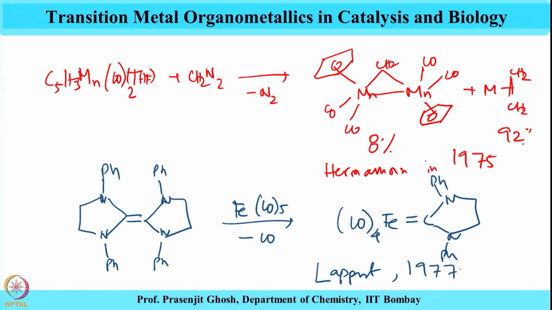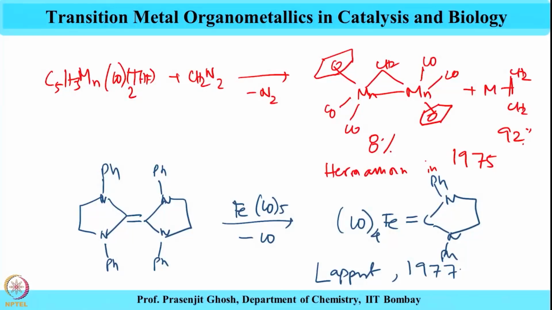So, with this we come to the end of today's lecture, whereby we looked at this important intermediate of olefin metathesis, which is the metal carbene moiety. We looked into the various kinds of metal ligand interaction present in the metal carbene moiety. We have also looked at Bertrand's stable singlet carbene, the strategy behind stabilizing it, and the strategy successfully used while synthesizing these stable carbenes.